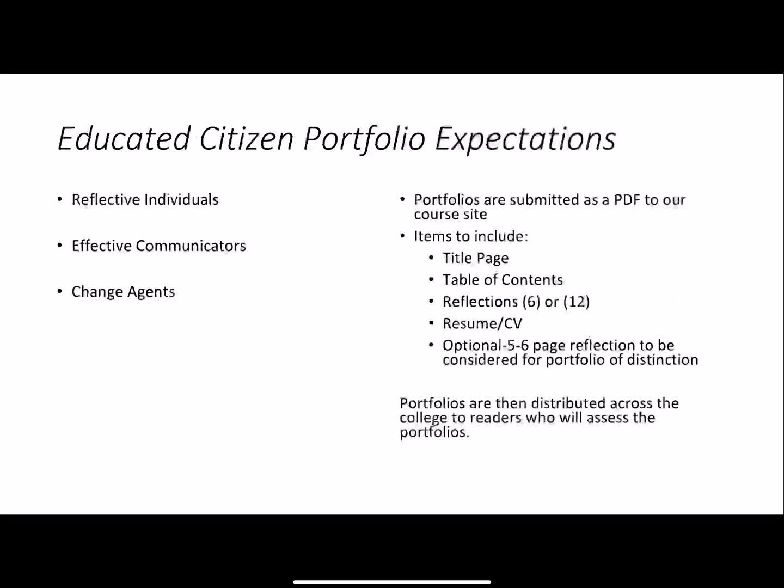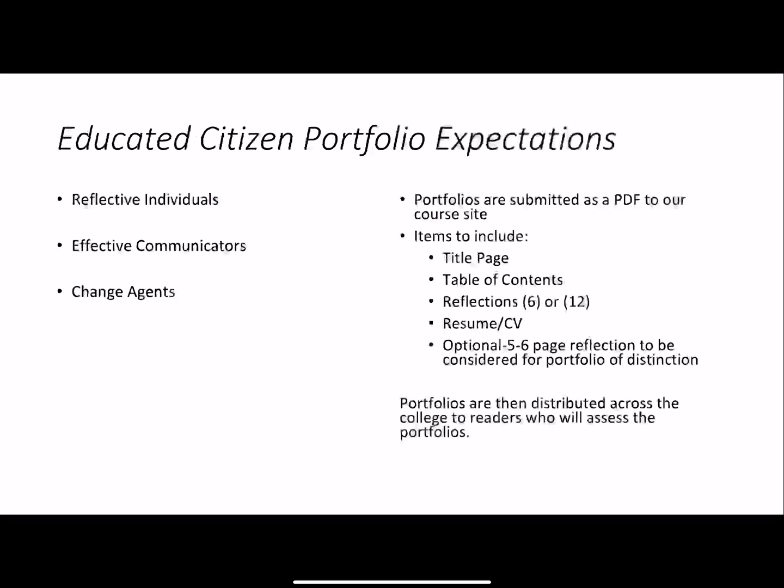If you are in a health professions degree, including things like radiology, sonography, healthcare administration, then you will have 12 reflections. Or if you're part of the traditional BSN program, then you also have 12. And then in that case, you'd have 4 effective communicator, 4 reflective individual, and 4 change agent.